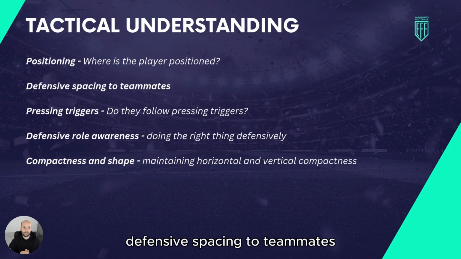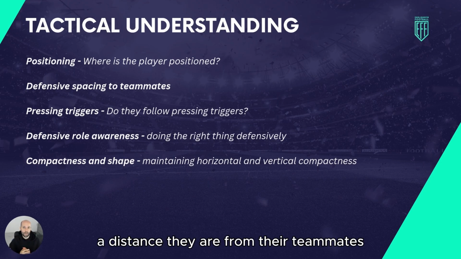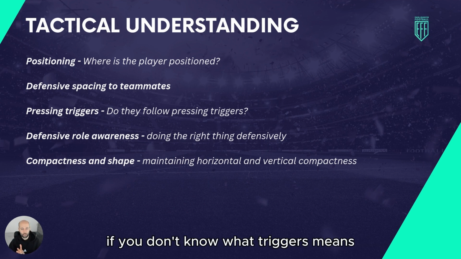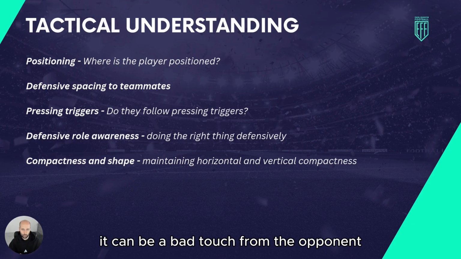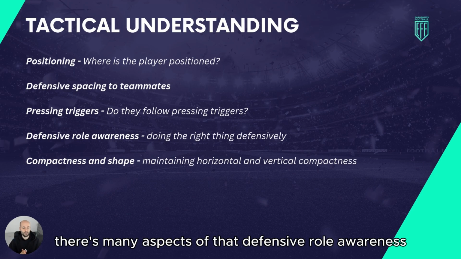Defensive spacing to teammates. So when they're in the structure, they need to pay attention to how far a distance they are from their teammates. Pressing triggers. Do they follow the pressing triggers? If you don't know what triggers means, it means the signs of when to press. It can be a bad touch from the opponent. It could be a pass into a certain area. There's many aspects of that.